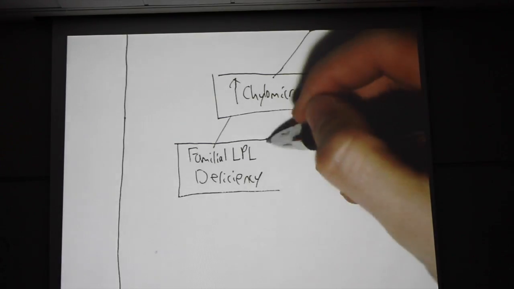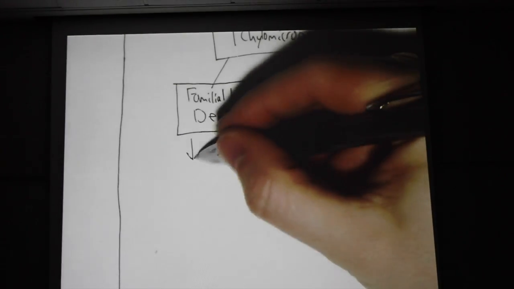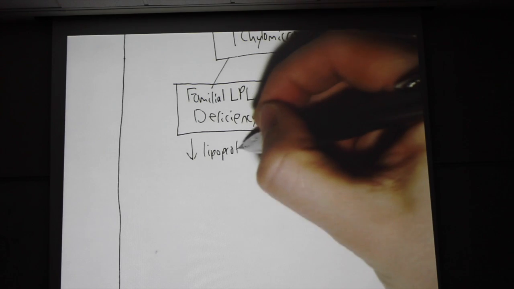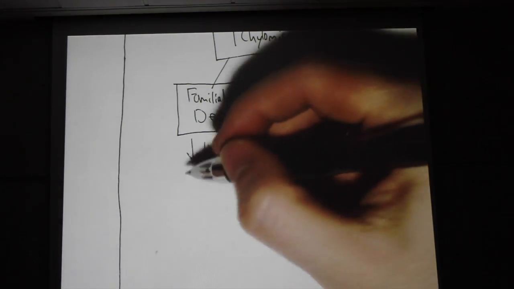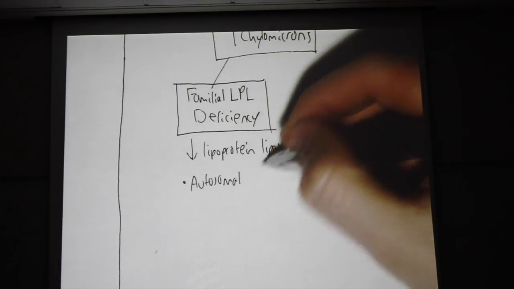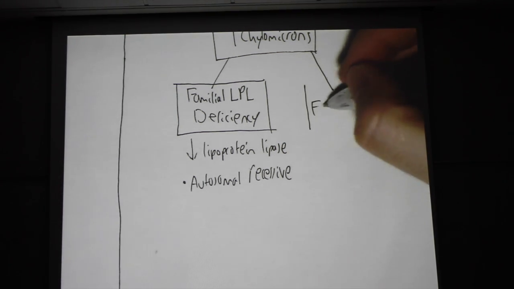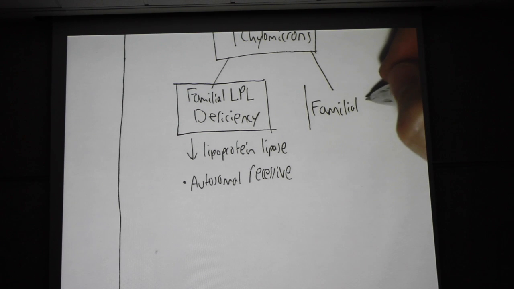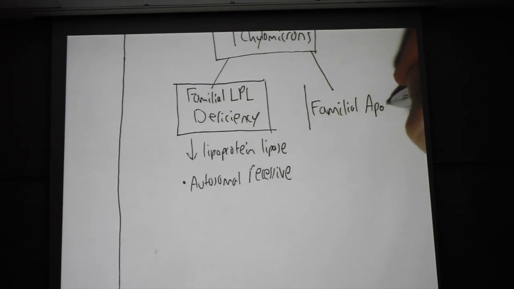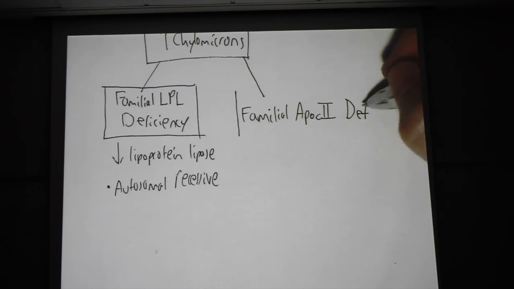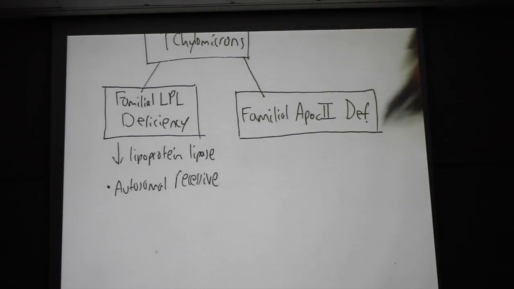In familial LPL deficiency, patients have a decreased lipoprotein lipase activity. They actually don't produce enough of that enzyme. It's an autosomal recessive disorder. That's really the key thing you need to know. Alternatively, patients could have a familial ApoC2 defect. In this disorder, it's not that they have an insufficient amount of the lipoprotein lipase enzyme.